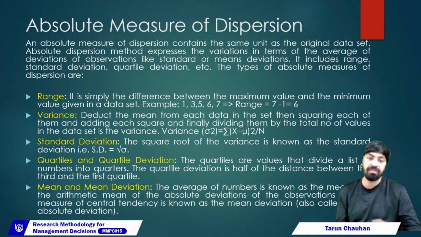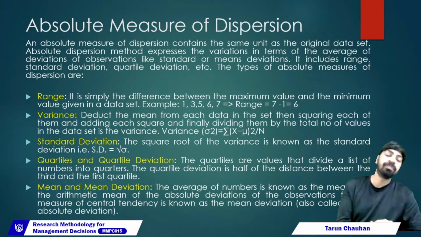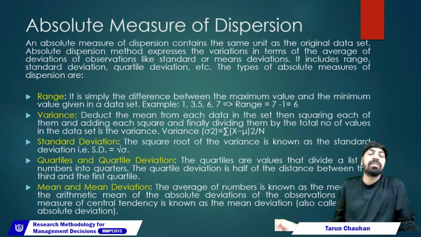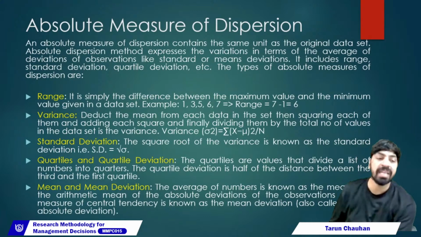Quartiles divide a list of numbers into quarters, like first quartile, third quartile, and so on. When you take half of that distance, we call it the quartile deviation.